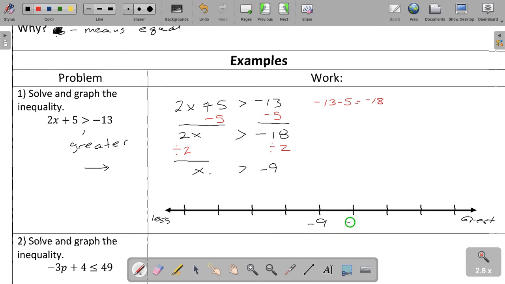Negative 9, negative 8, negative 7, negative 10, and negative 11. We're going to do an open circle, because we don't have the equal to part. And I want to be greater than negative 9, so it's to the right. So I need all numbers greater than negative 9, and that's all these numbers this way.